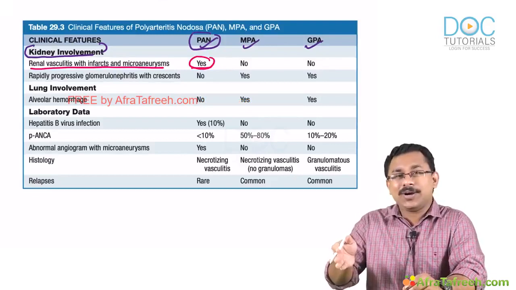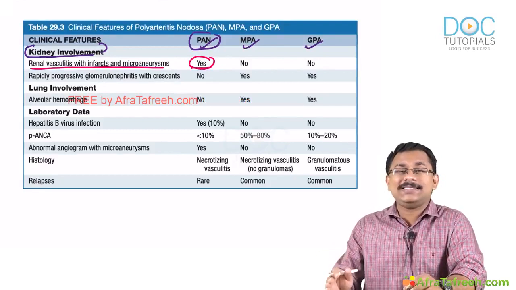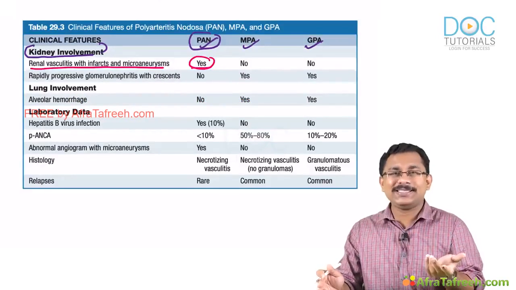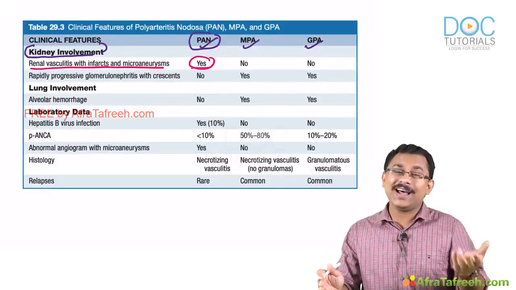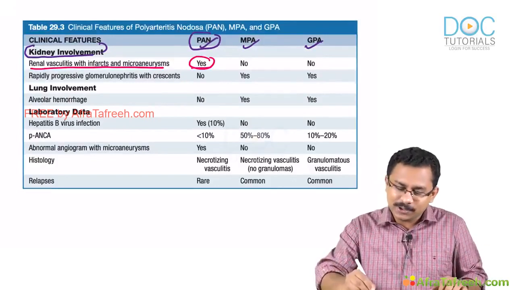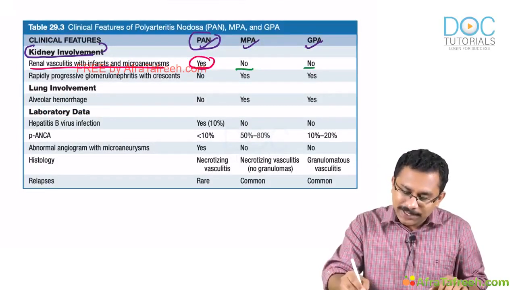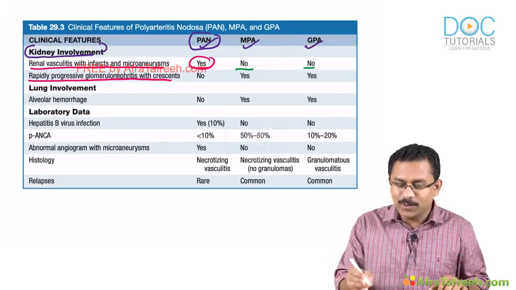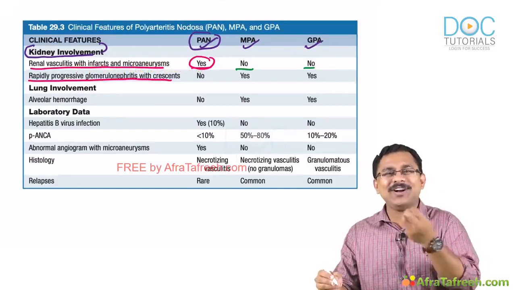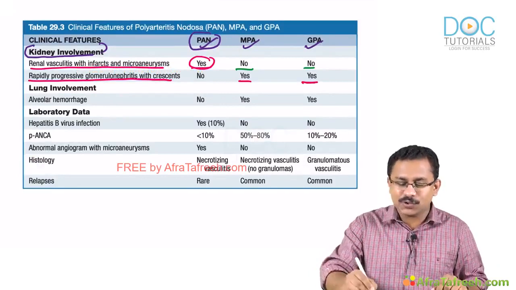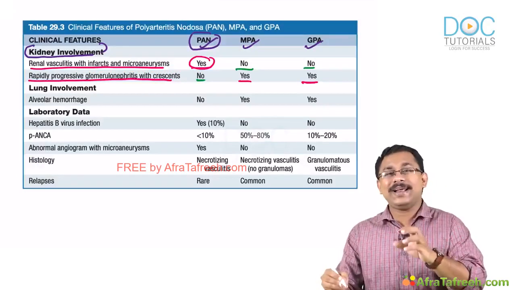Then what about your microscopic polyangiitis and GPA? See, the kidney may be involved, glomerulonephritis is there, but remember, there is no renal artery vasculitis. Okay, that is why you do not have the involvement here. But what about RPGN? Glomerulonephritis is again small vessels being involved, which is why your MPA and granulomatosis polyangiitis will be having it, whereas PAN will not.